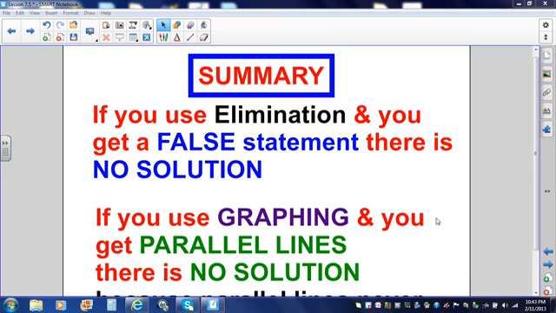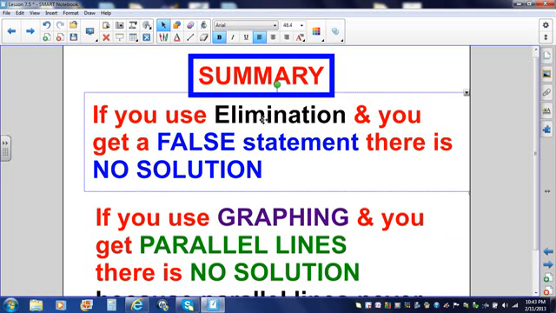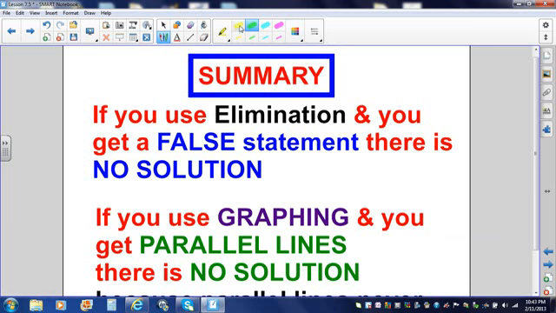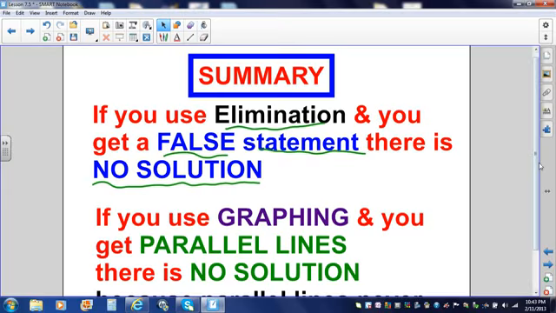So let's summarize so you can enjoy your harp. Please write down summary. If you use elimination and you get a false statement, there is no solution.